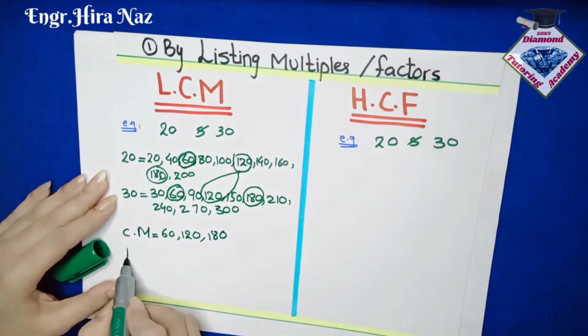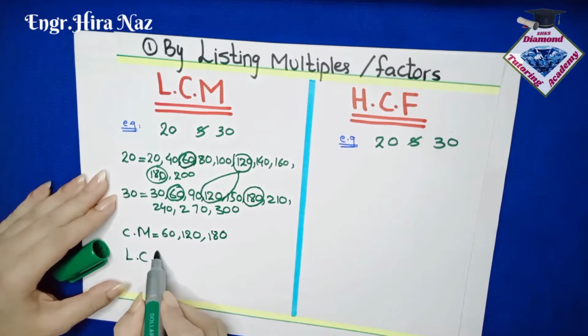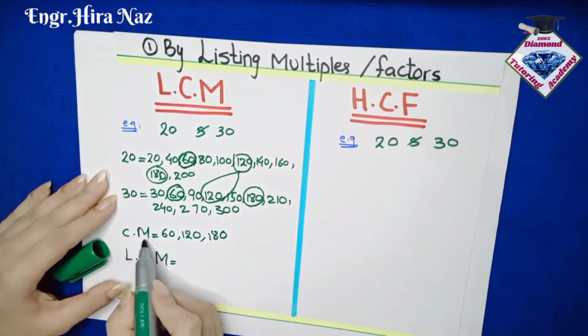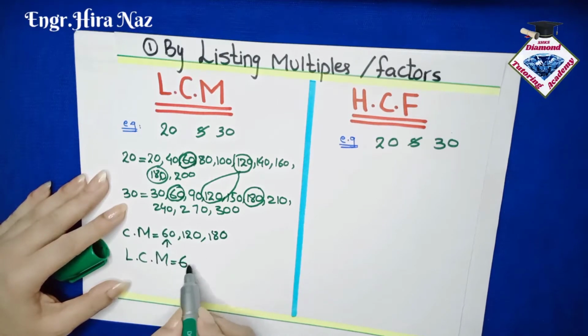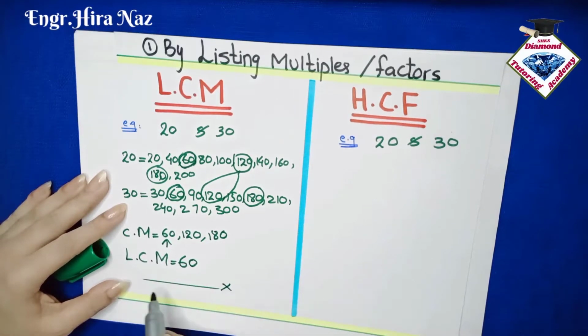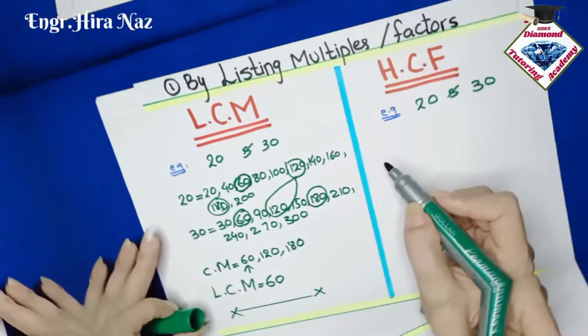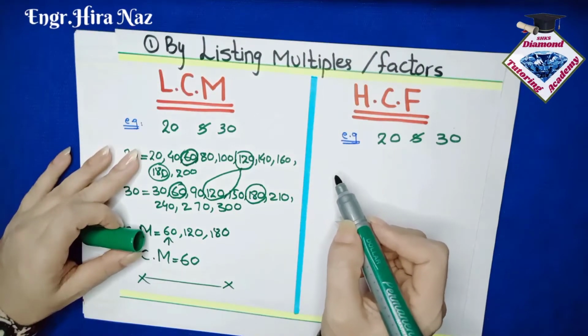Now we have to find the least common multiple among all these common multiples, and the least one is 60. So 60 is the LCM in this case. Understand?